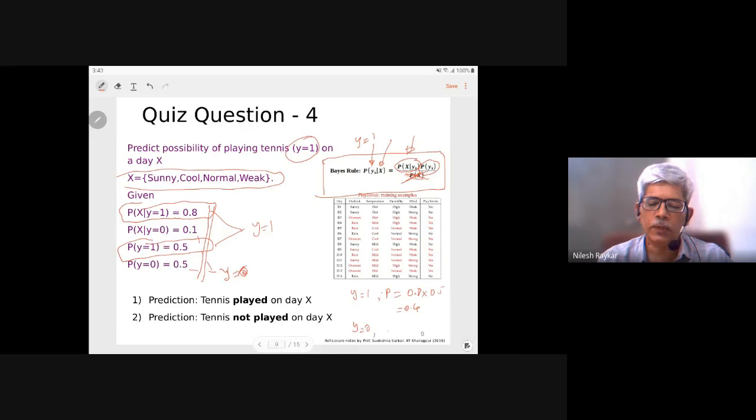And for y equal to 0, the calculation will be 0.1 multiplied by 0.5, so that is 0.05. So the probability of having y equal to 1 is 0.4, which is higher than 0.05. That is why the first answer is the correct one. So the 3 people who have given yes, the first option is the correct answer.